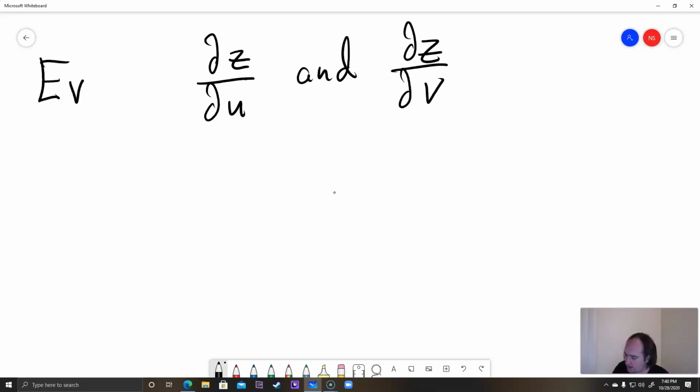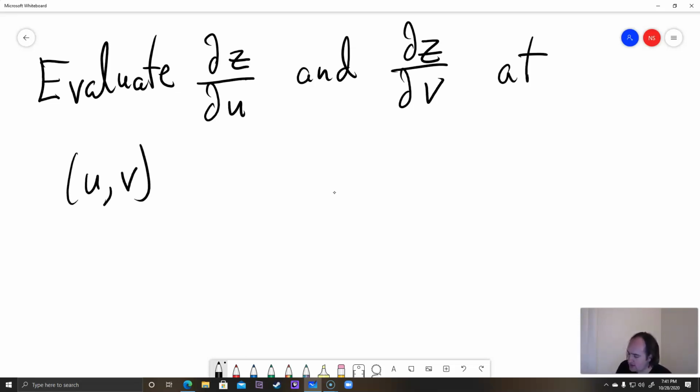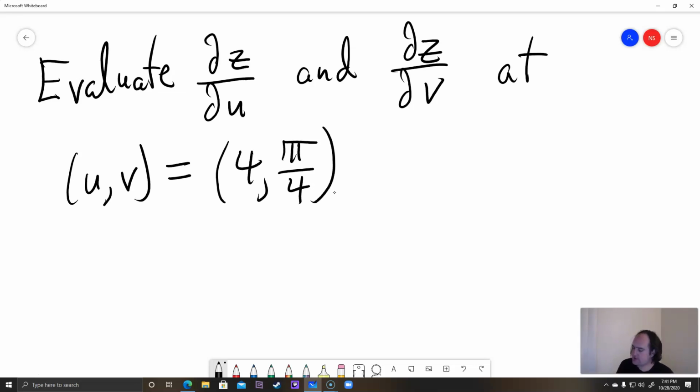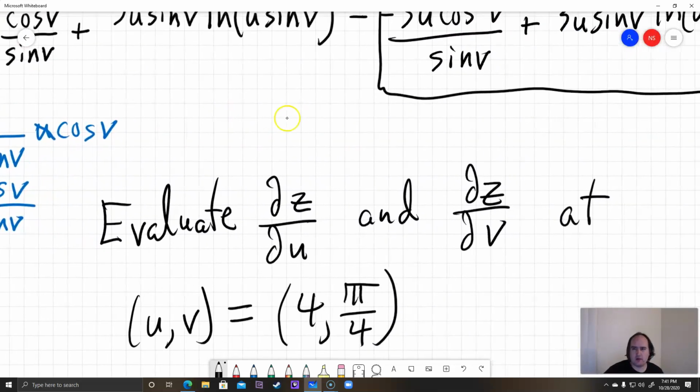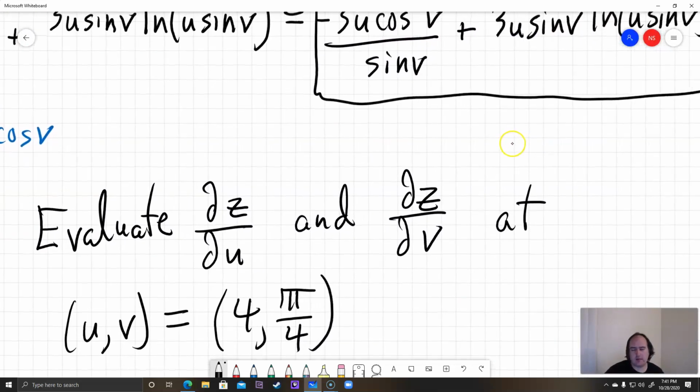They said to evaluate partial z partial u and partial z partial v at the point u comma v equals 4 comma pi over 4. So as if this problem weren't long enough, at the end they want you to plug in numbers. Okay, but that's pretty straightforward. So I'll just do it for both.